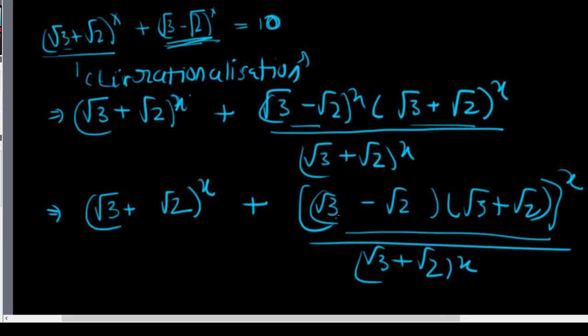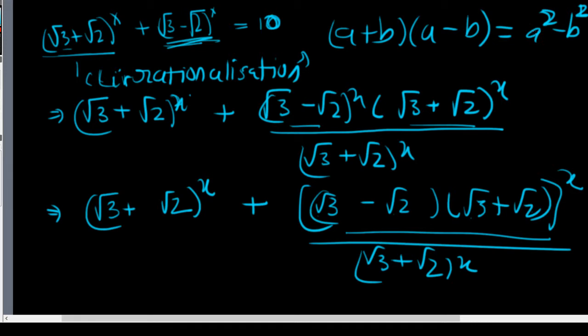And this is just (a + b)(a − b), and the identity was this. You don't need to memorize it. You can just expand it, and the ab's cancel out. So a² − ab + ab, which cancels out, − b². So a² − b². In this case, a is √3 and b is √2.